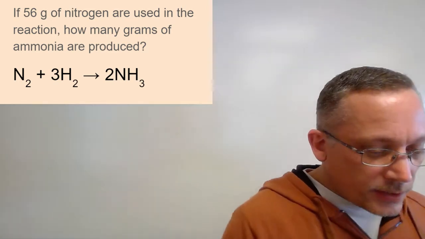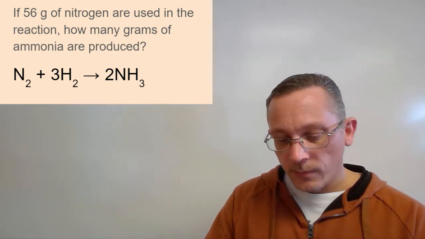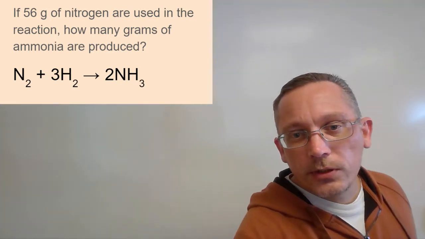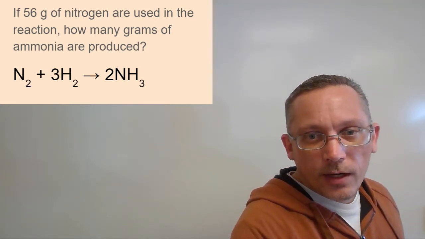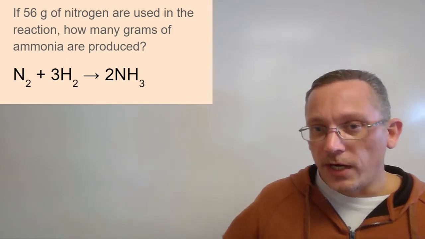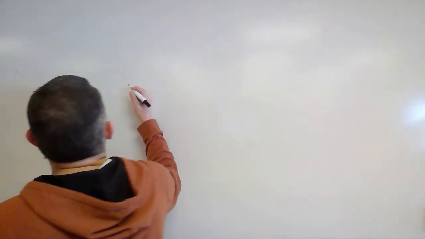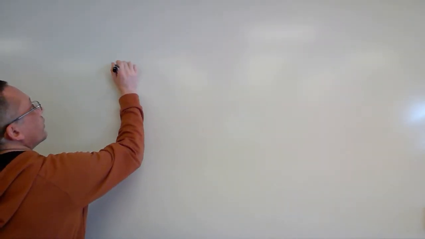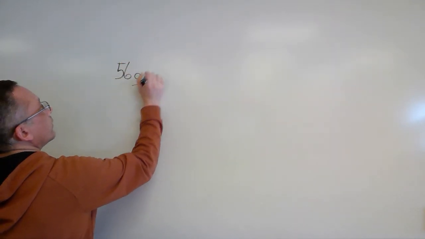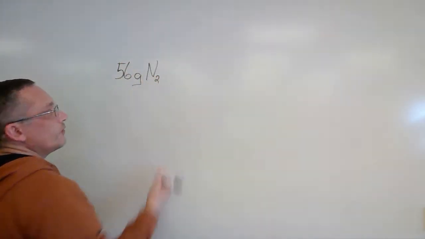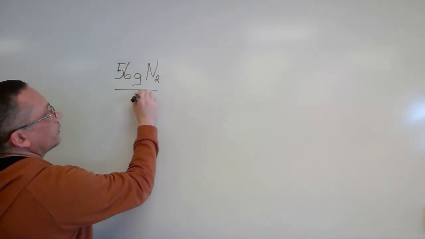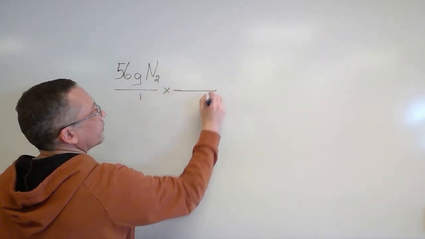So how are we going to set this up? What should we start with? We should start with that number they gave us in the problem, which was 56 grams of nitrogen over 1. Okay.